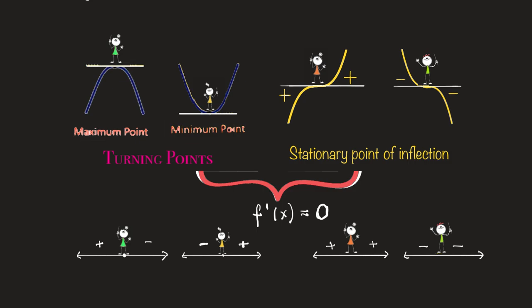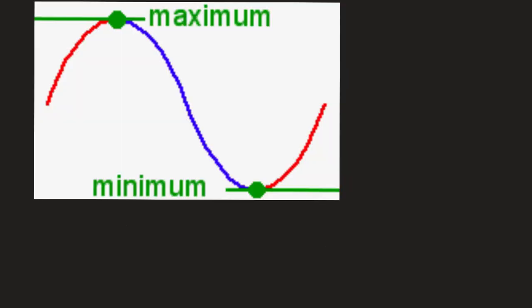Now, there is another kind of point of inflection on a curve, which is not stationary because the tangent at that point is not horizontal. This will occur mainly between two stationary points. There could be a maxima and a minima, or there could be a maxima and a stationary point of inflection.